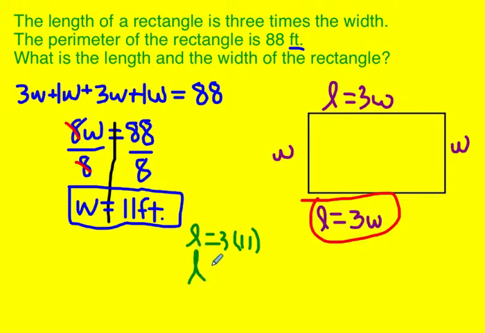So the length of this rectangle is 33. Again, make sure you use your labeling because it's a story problem, so it would be 33 feet. So this is the second half of our answer. In terms of the test, you would need both of these parts to earn full credit on this question.